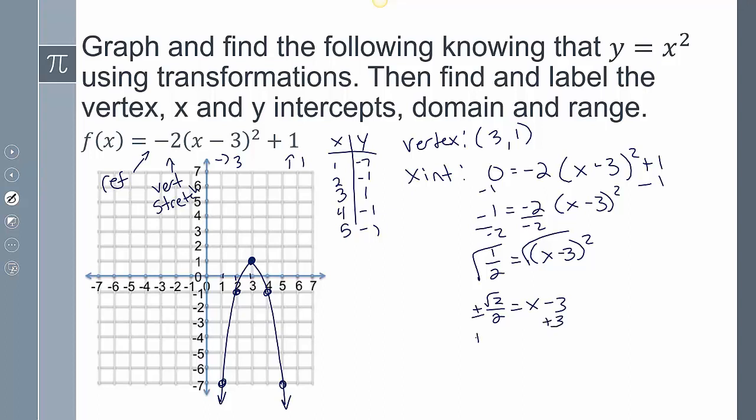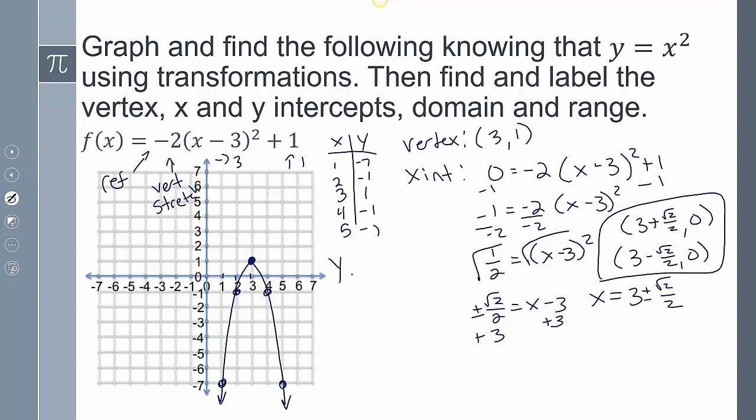So add 3 to both sides. So I get x equals 3 plus or minus root 2 over 2. And so my x-intercepts are (3 plus root 2 over 2, 0) and (3 minus root 2 over 2, 0).